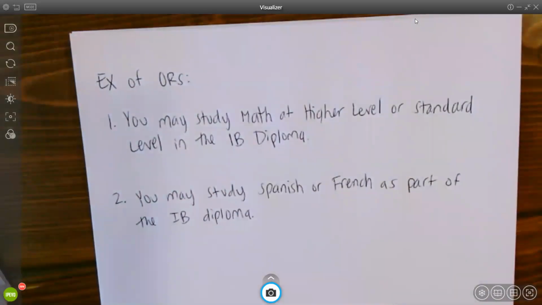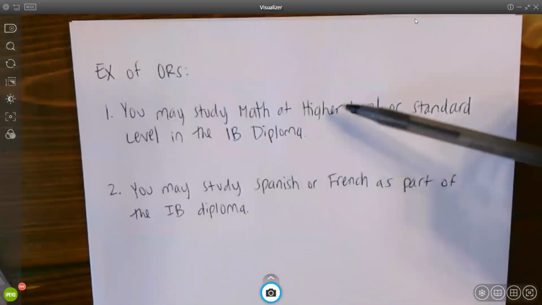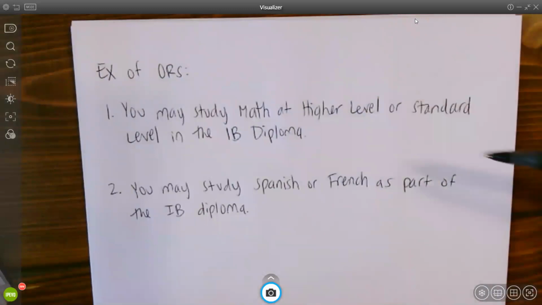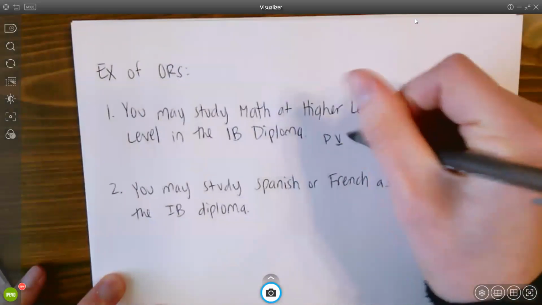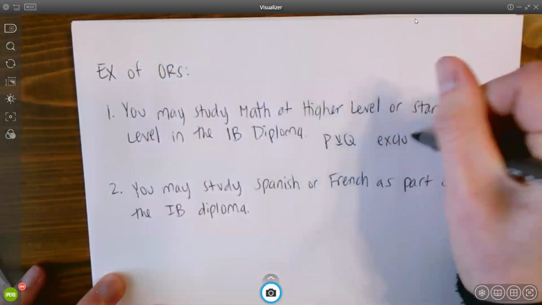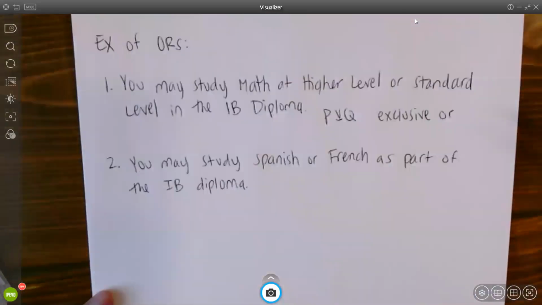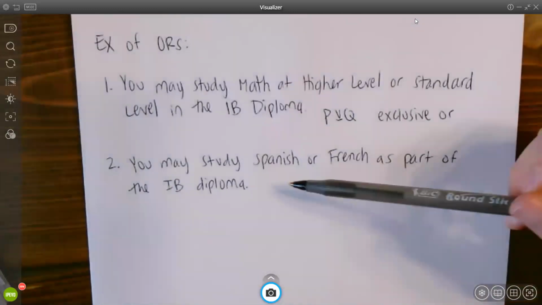All right, so the difference between these is this first one. With IB, you can either take math at a higher level or standard level, but you cannot take both. So that would be an example of the exclusive or. Whereas with IB, you could, if you wanted to for your diploma, take Spanish or French.